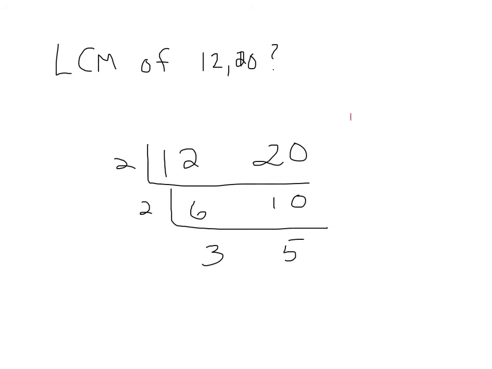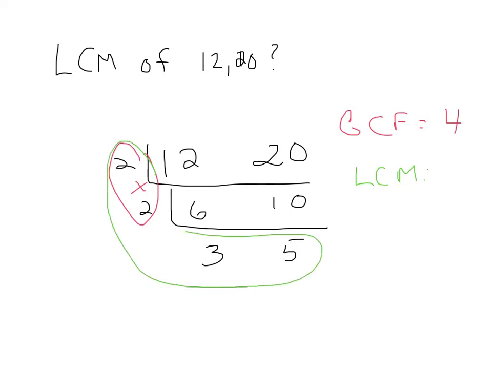So if I ask you what the GCF is, I'm going to take these two numbers, multiply them together, and get a GCF of 4. When I talk about the LCM, I'm still going to take the 2 times the 2, but now I'm going to multiply it by 3 and by 5.